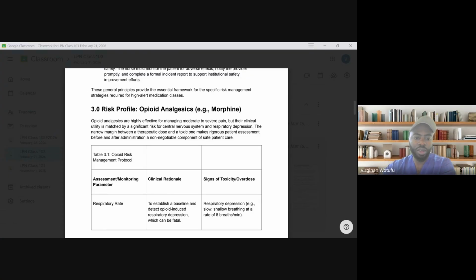The first on our list is opioid analgesics. These are used in treating moderate to severe pain, but it's actually a high-risk medication because there's a thin line between the toxic dose and the therapeutic dose. Can someone tell us the difference between the therapeutic dose and toxic dose of a medication?